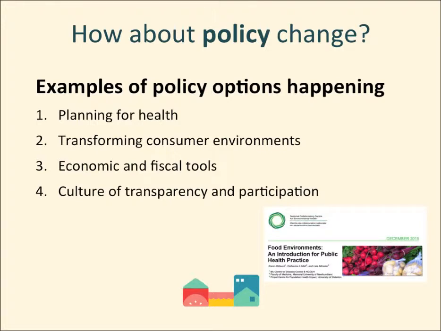The second area is about transforming consumer environments. And as I said, if you've worked with me and Leia, you've heard a lot about the consumer environment already, so I won't spend any more time on those. But there's two other groups of policy options that a lot of communities are starting to explore. And the third one is economic and fiscal tools.